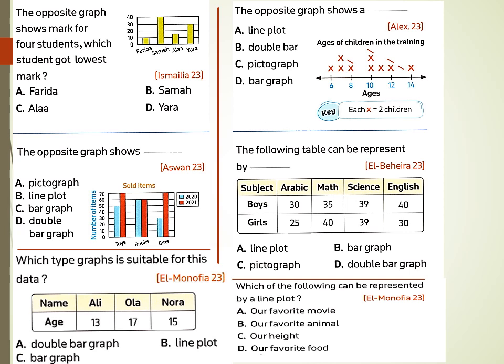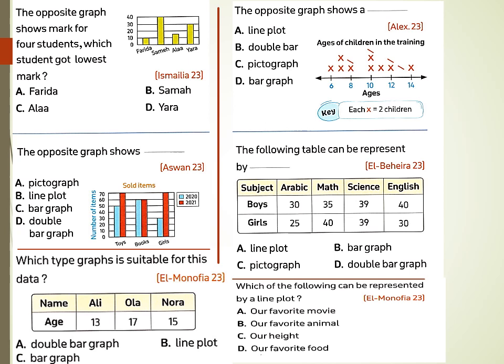When we use two different types of data, we use a double bar graph. Which type of graph is suitable for this data? We have a name and age of each student, so we will use a bar graph.